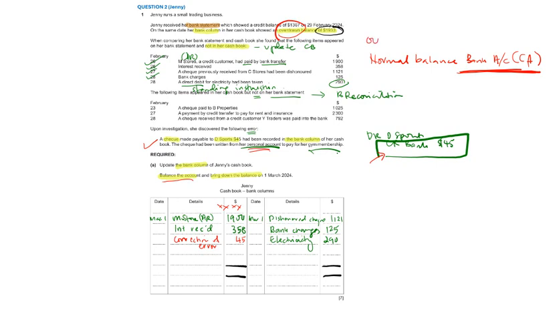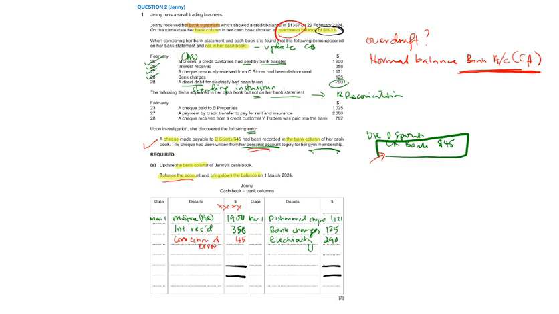Do you understand the meaning of overdraft? It's a facility given by the bank to a current account holder to issue checks even though they do not have enough money in the bank account. So maybe they have only 3,000, but they want to issue a check to a payee amounting to 4,000. Can that be done?